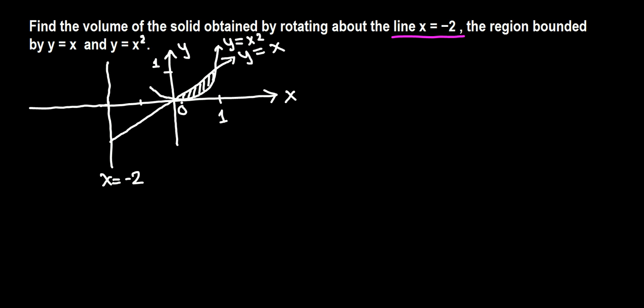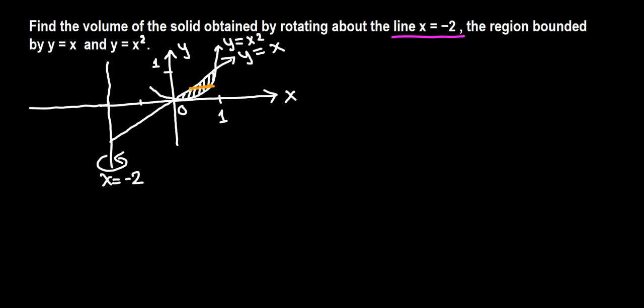I want to use the disc washer method. It will be a washer. For the washer method, we want to take a slice perpendicular to the axis of rotation. So we want to rotate about this line, so take a slice perpendicular to this, like here.